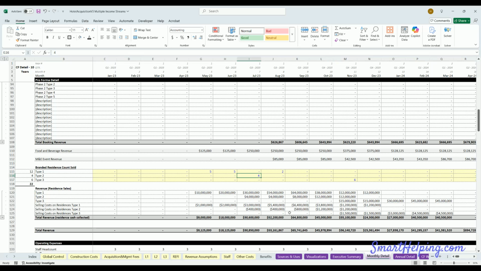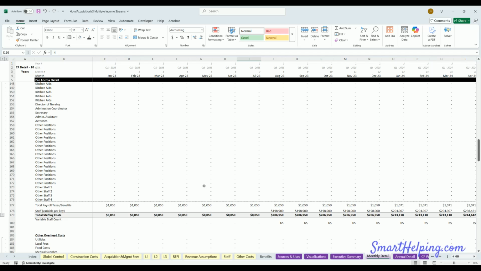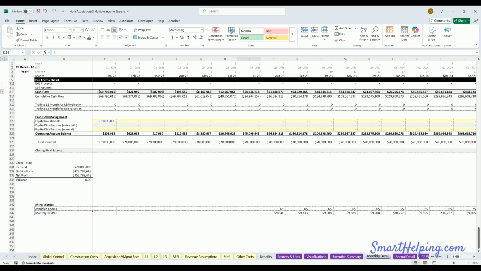Okay, so in this case now we got a whole bunch of extra cash. If you had this, you'd either use it for construction or you could distribute it back to investors and manually put in some distributions here. So we can distribute a bit and still keep some for either burn or operations or what have you.